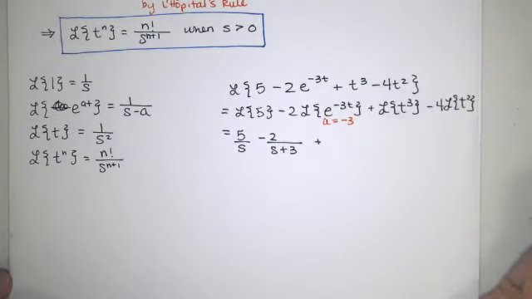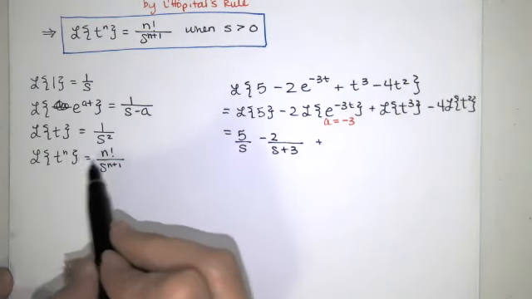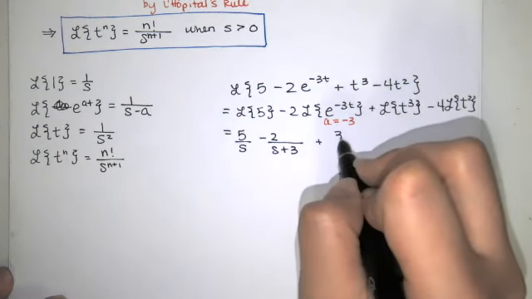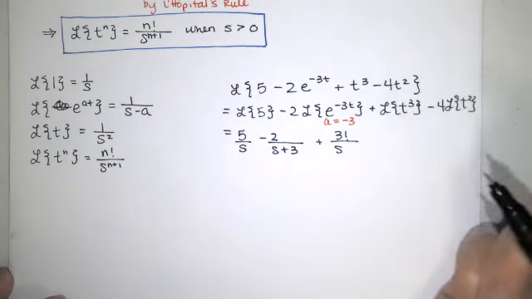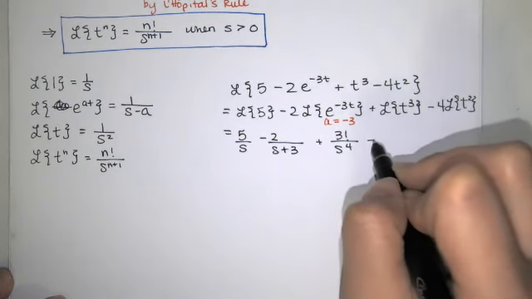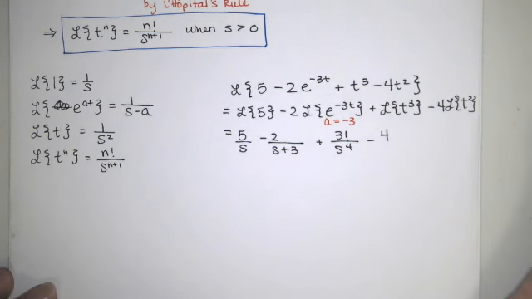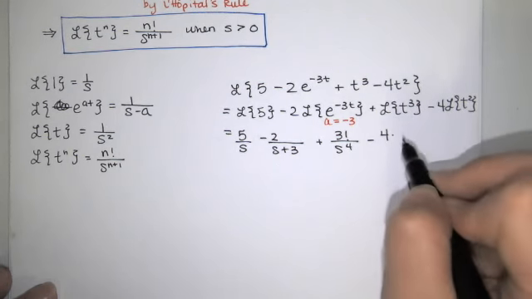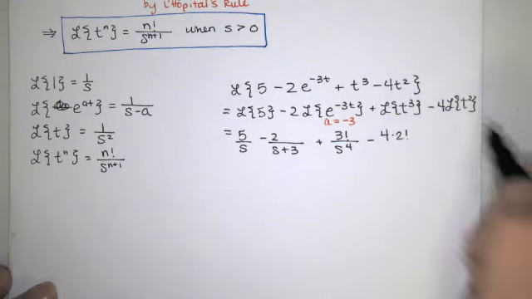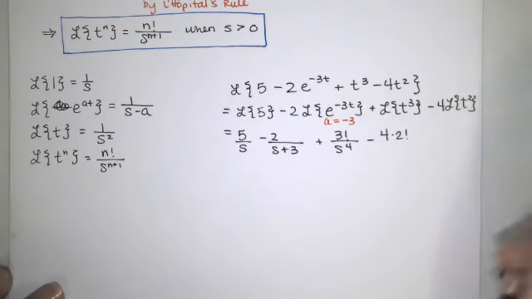Then we're adding the Laplace transform of t cubed, so that's going to be 3 factorial over s to the 3 plus 1, so that's 4. And then we're subtracting 4 times the Laplace transform of t squared. That's 2 factorial, or I said t squared. I think I said 3 squared, but I meant t squared.